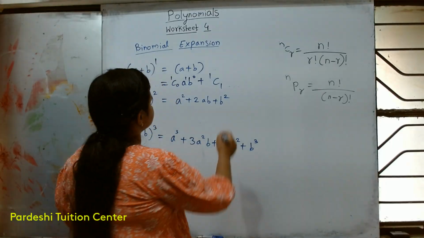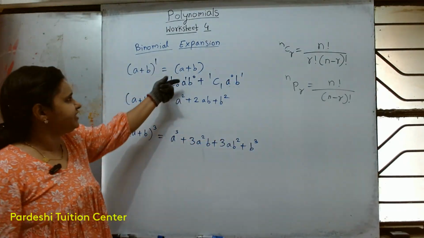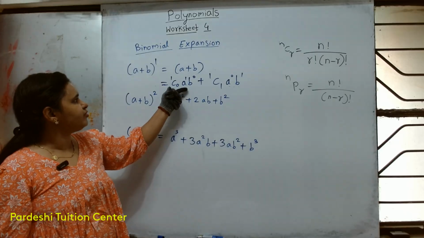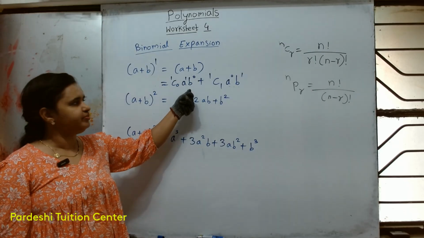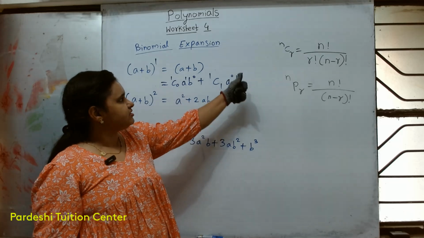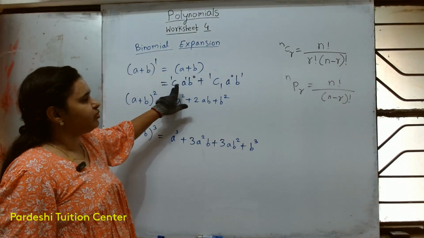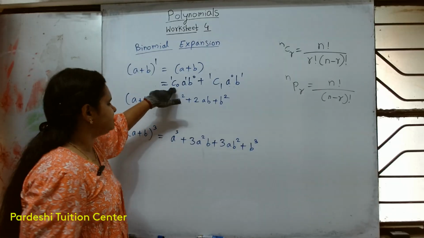We can write a plus b in the form of 1c0 a to the power 1 b to the power 0 plus 1c1 a to the power 0 b to the power 1. See, if I take 1c0, we can check it.